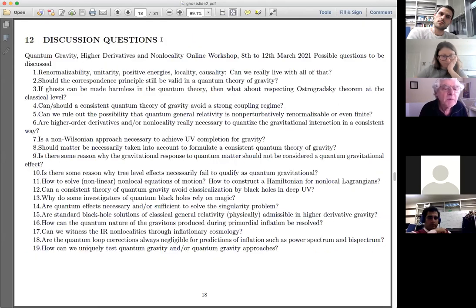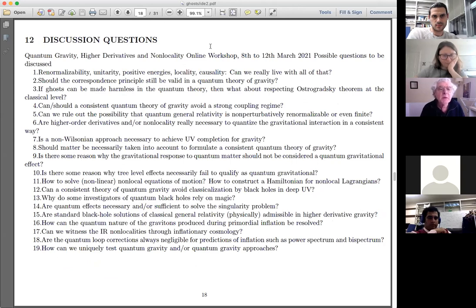So now for my summary, the discussion questions. Renormalizability, well, that's fourth order, that's okay. Unitarity, positive energies, locality, causality, the commutators vanish for space-like separated points. Can we live with all of that? The answer is yes, if you identify the Hilbert space correctly. Should the correspondence principle still be valid in the quantum theory of gravity?